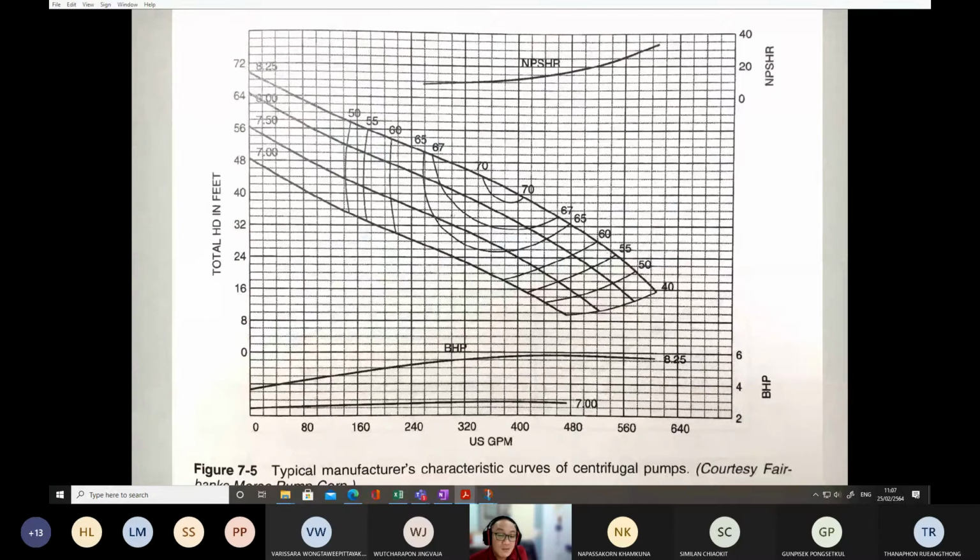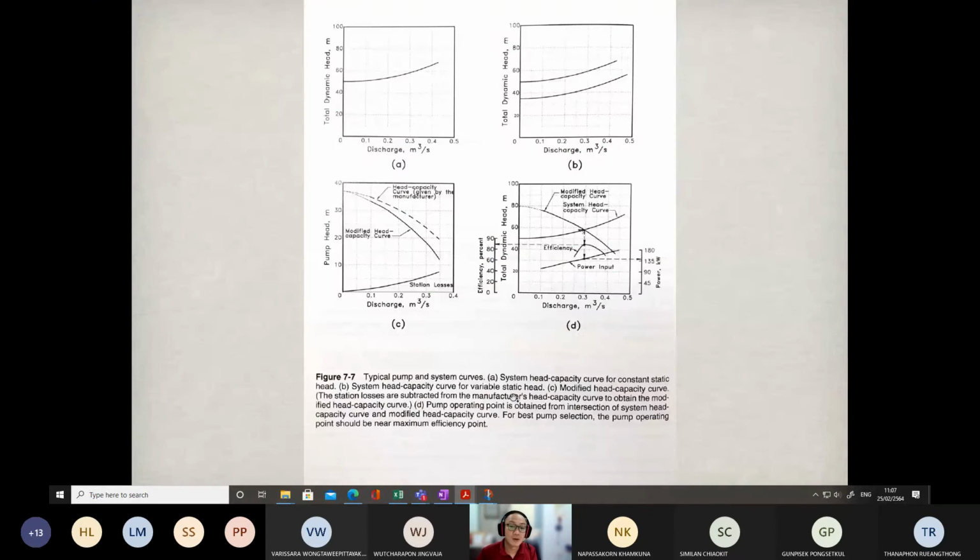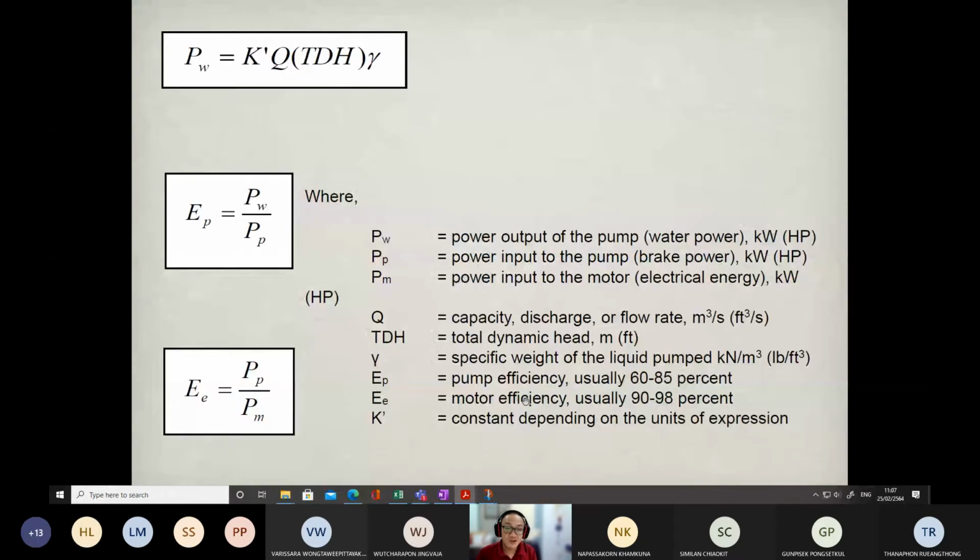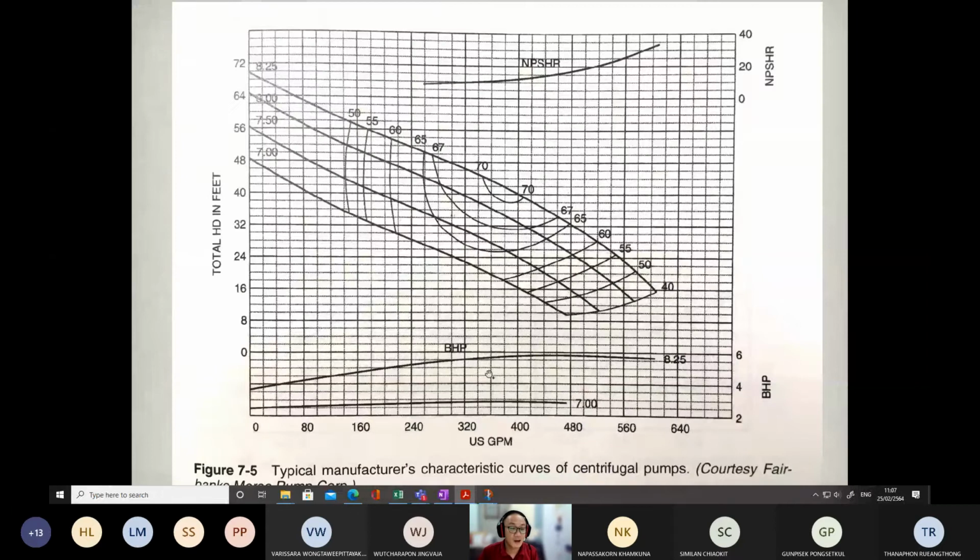If the efficiency we get from the pump is high enough, like 60 to 70% and above, we would pick the one which gives the maximum efficiency, in case we have two choices. But anyway, this is just the procedure to select the pumps.